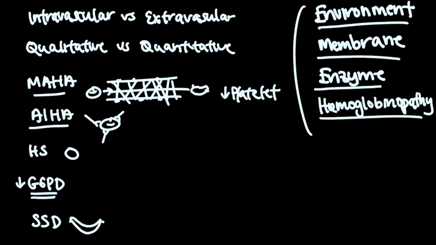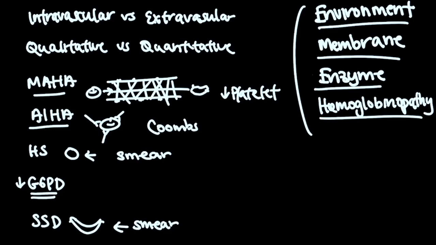For autoimmune hemolytic anemia, getting something like the Coombs test will tell you whether or not there are any antibodies actually attached to the red blood cells that would raise your suspicion of autoimmune processes going on. Hereditary spherocytosis would be helpful if we get a smear to actually visualize and see if there are any of these spherocytes present. Sickle cell disease would also be able to be identified with a smear.